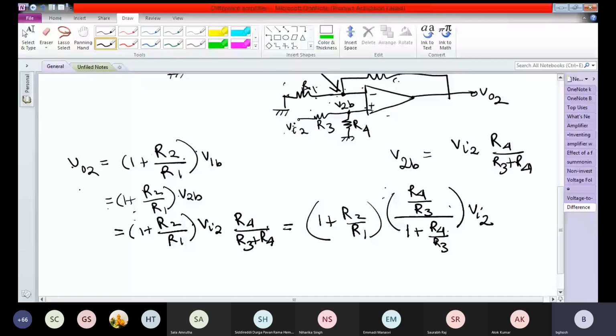And then the total output voltage with both the sources working is VO1 plus VO2. VO2 is given here, and VO1 was computed earlier.